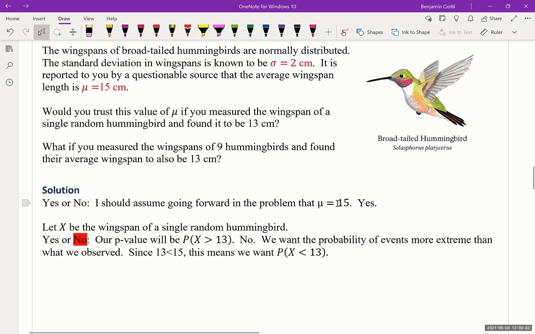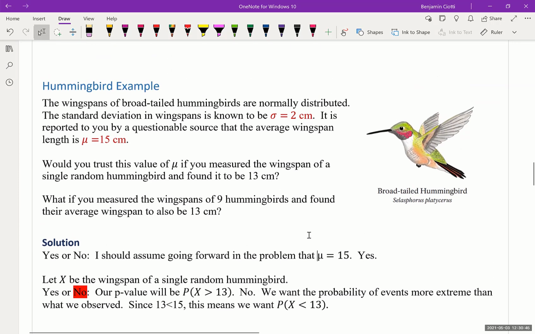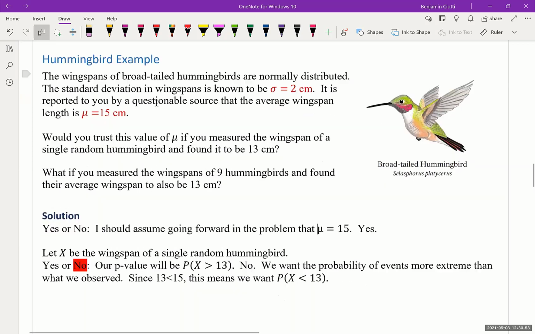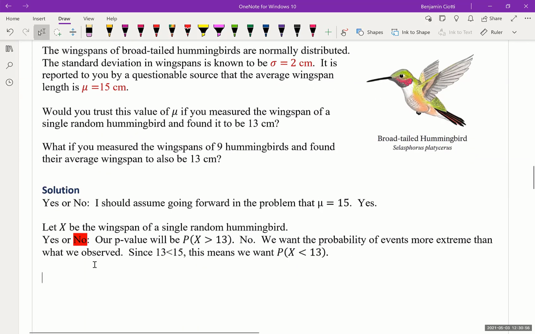Since we're assuming that mu is equal to 15, and it's known that the wingspans follow a normal distribution, like most biological variables, we know that X follows a normal distribution with mean 15 and standard deviation 2, under the assumption of the null hypothesis.